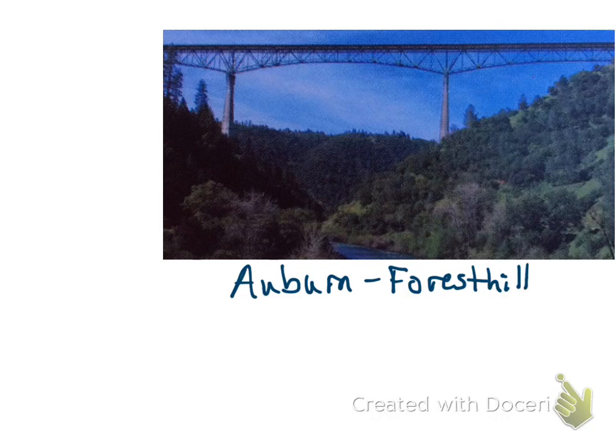So you're hiking down this ravine along the American River. And you can't actually measure the distance of the Auburn Forest Hill Bridge to the stream bed of the North Fork of the American River with a tape measure. It's too hard to measure with just a tape measure. But surveyors sometimes use distances indirectly using similar triangles and proportions.